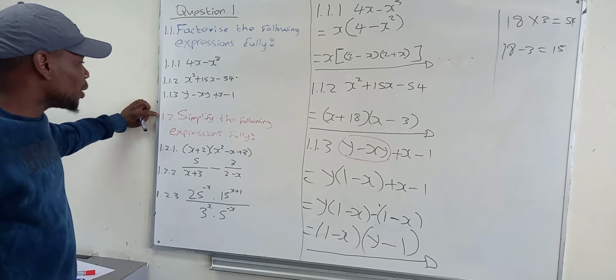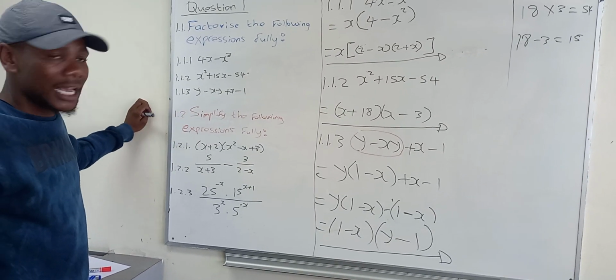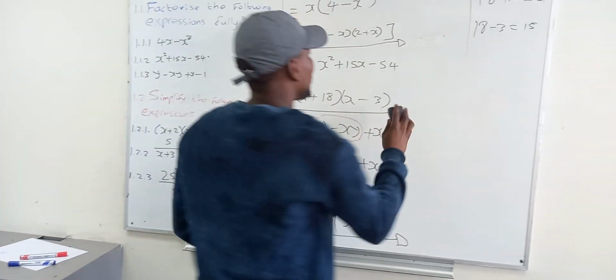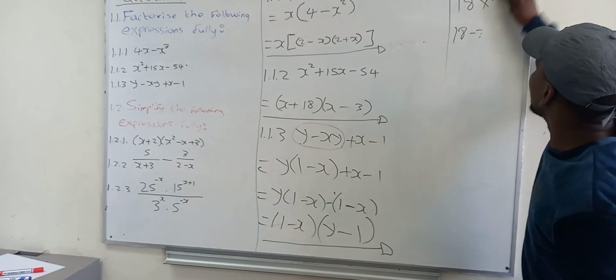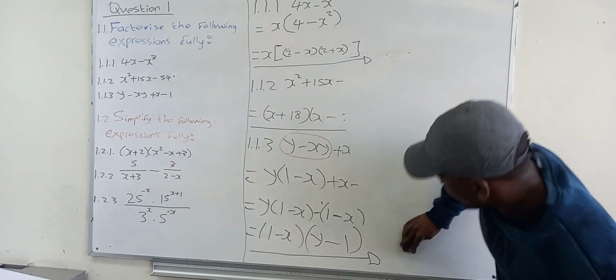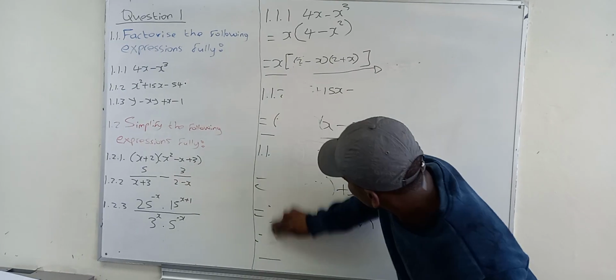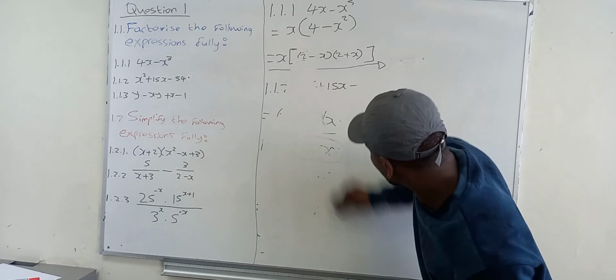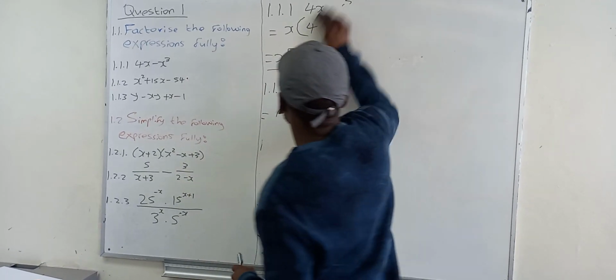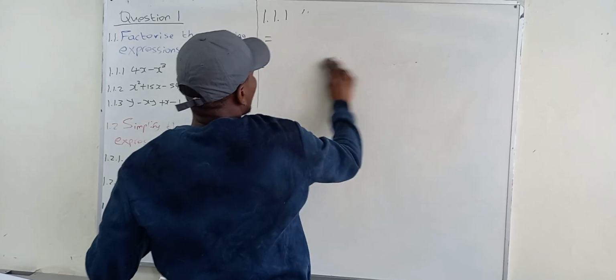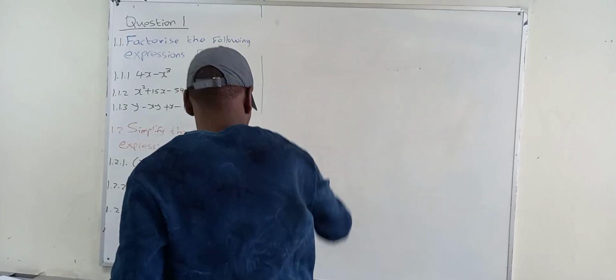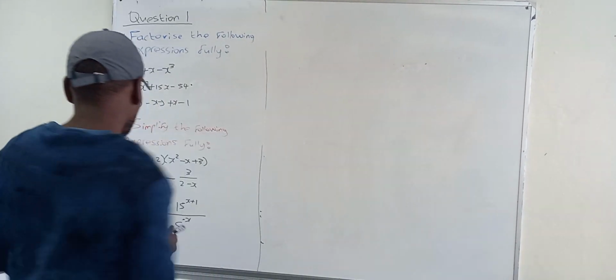So we come to 1.2, which is simplify the following expressions. So I will remove this working here. Okay, what do we have?